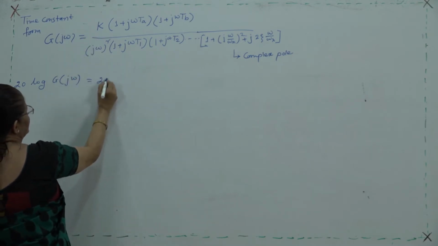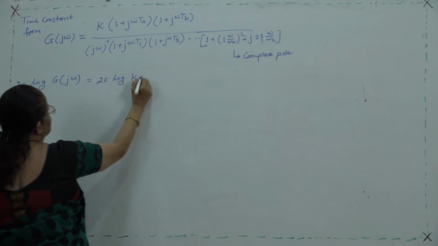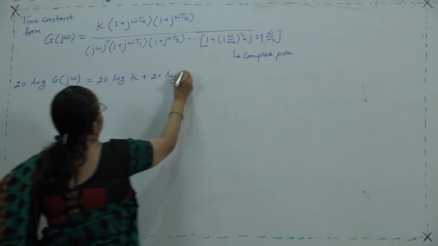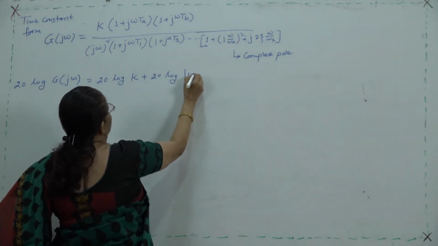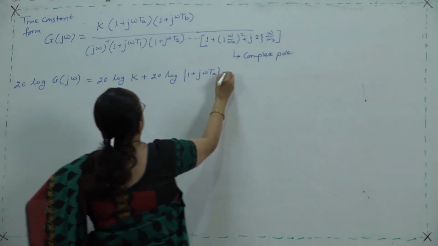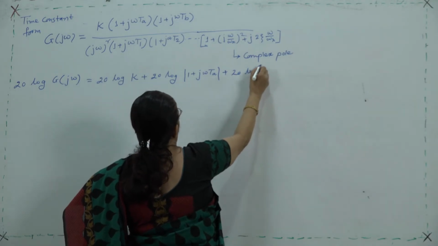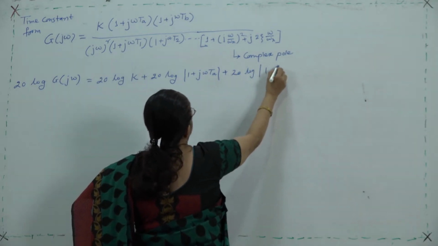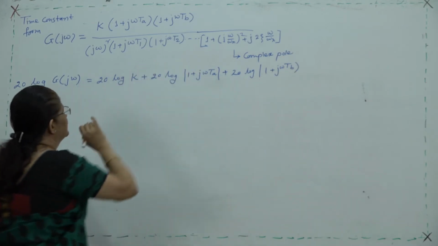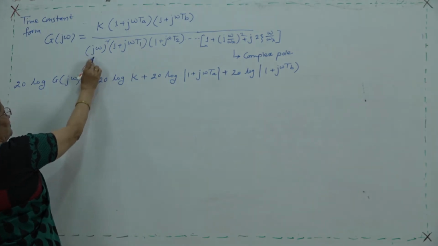So, what you will get here is 20 log of K plus 20 log of magnitude of 1 plus j omega Ta plus 20 log of magnitude of 1 plus j omega Tb, plus if some terms are there, then these are at the denominator.